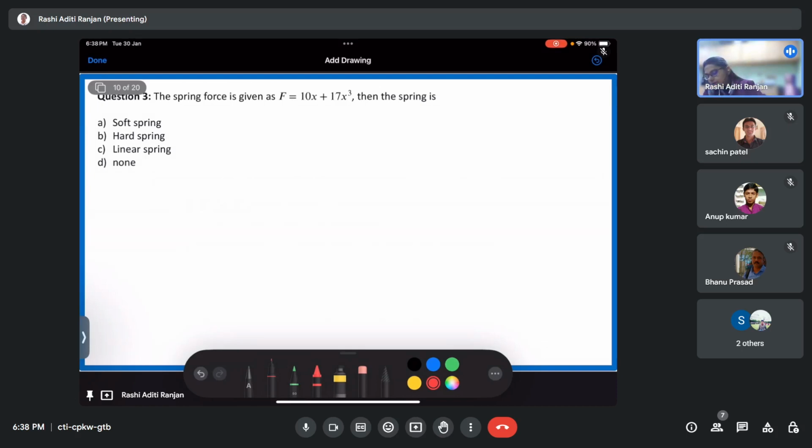A linear spring is a spring which satisfies F is equal to Kx, where K is the stiffness and x is the displacement, or you can say the spring's extension or compression, any one of it. So the spring force is given as Kx, correct?